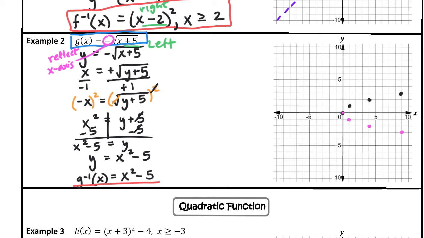So all these points are going to move 1, 2, 3, 4, 5. There.